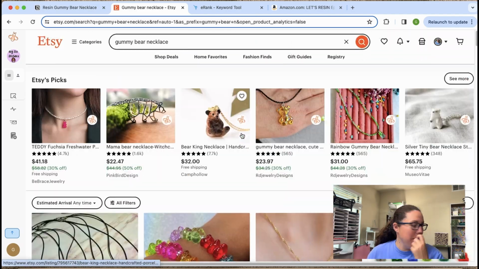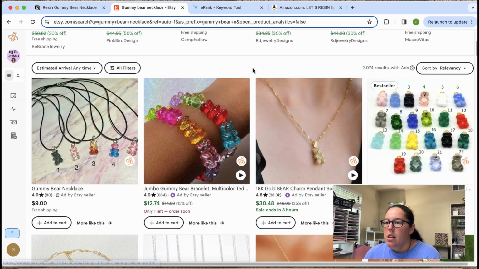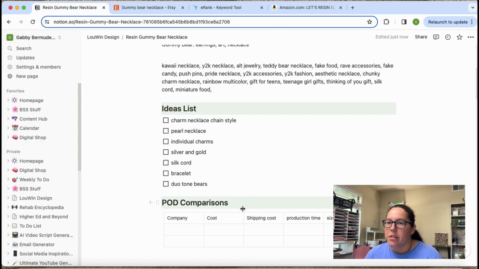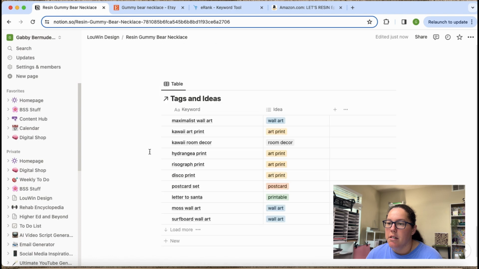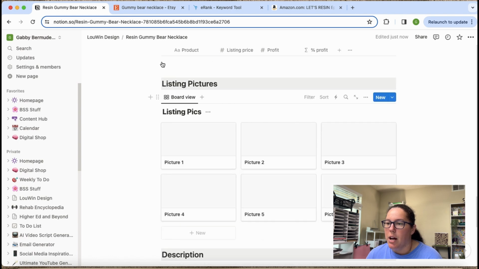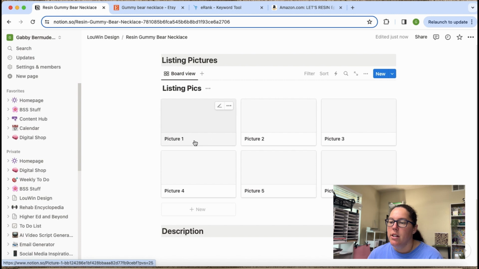Next, let's go back up to the top and let's look at pictures. So what are some pictures that I should include in my product? I brought it down to the bottom, listing pictures. And ideally I might have cards on here or my pictures on there just to look at.